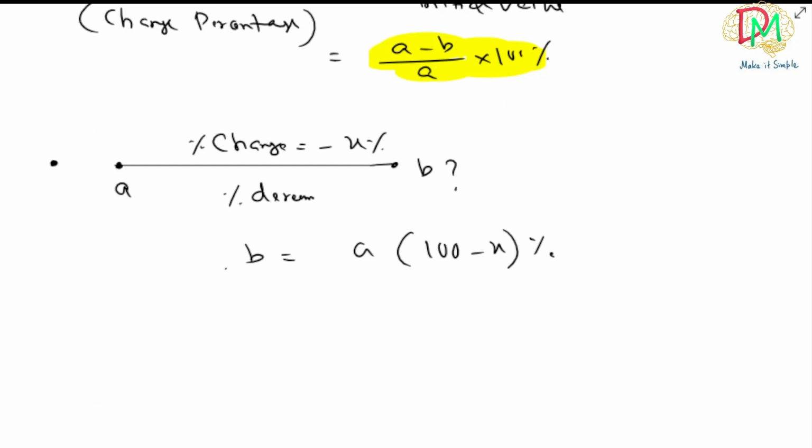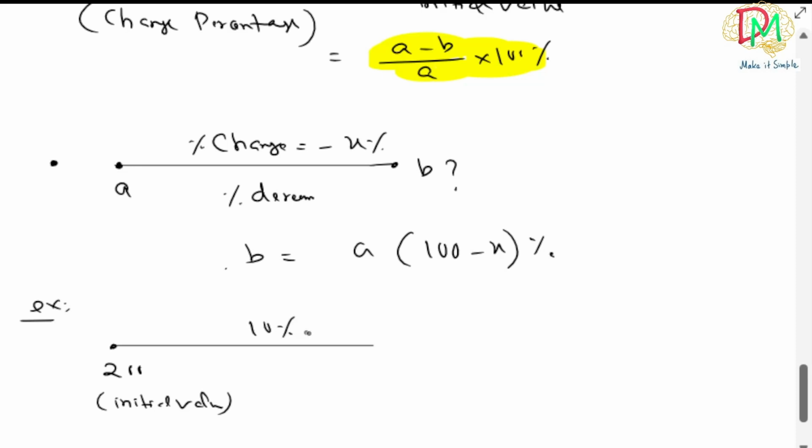Let's take one example. Suppose one value given is 200, it is the initial value, and a 10% decrease.